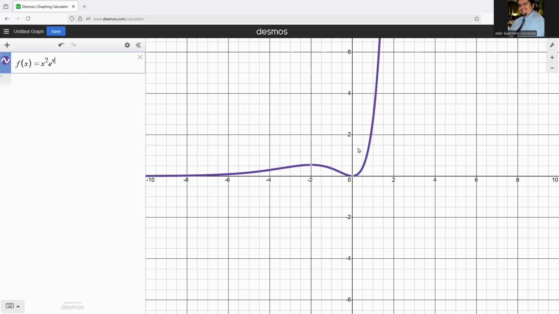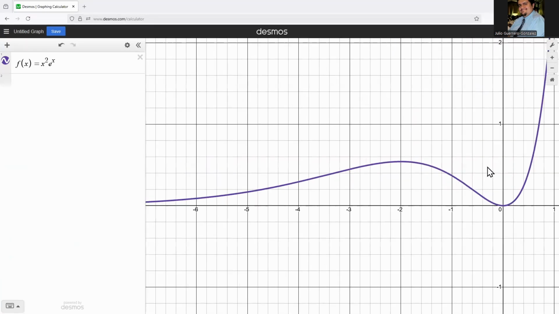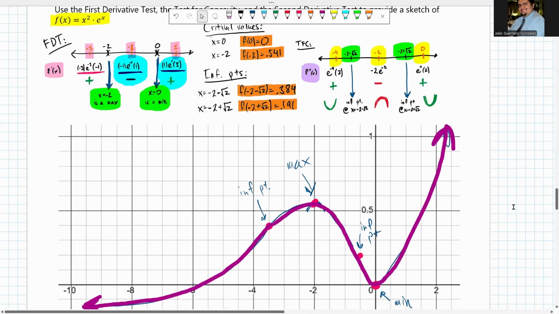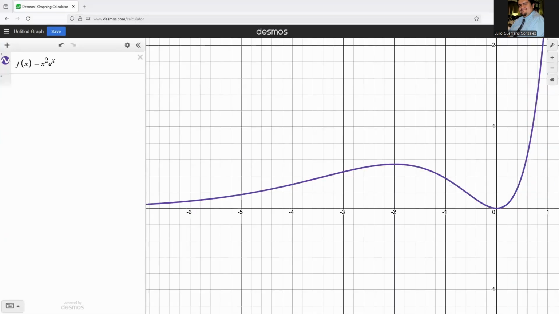Bam. Space this out a little bit so that everybody can see. There we go. Yeah? And let's go ahead and double check our guess. That was my guess. That is the actual. Not too far off, huh?